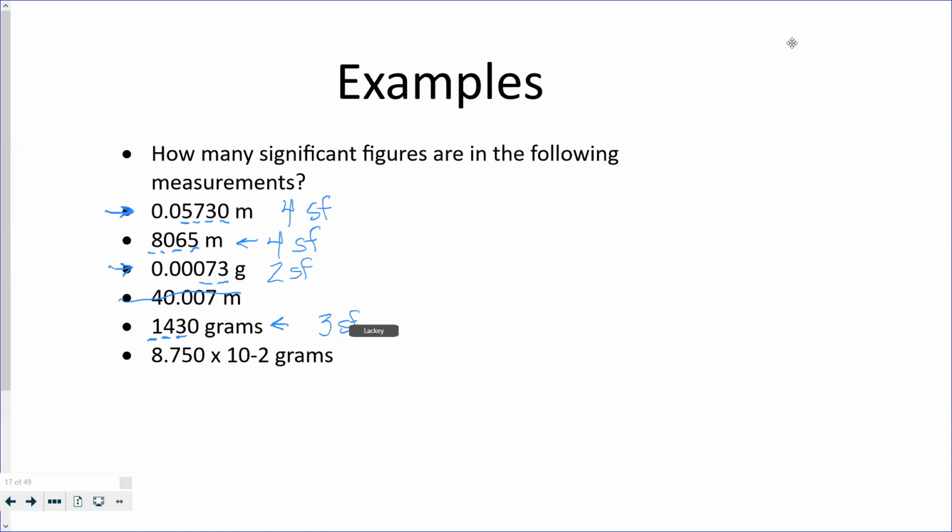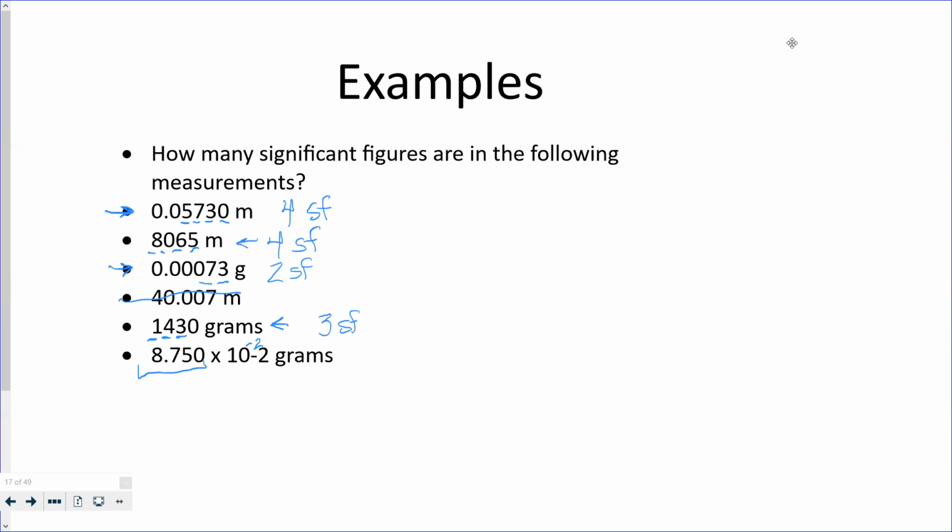The last example I wanted to bring up, because we do deal with numbers in scientific notation quite often, and pardon me, that should be to the -2. My superscript disappeared. Whenever you have a number like this, you're only going to pay attention to that coefficient. You're ignoring the times 10.